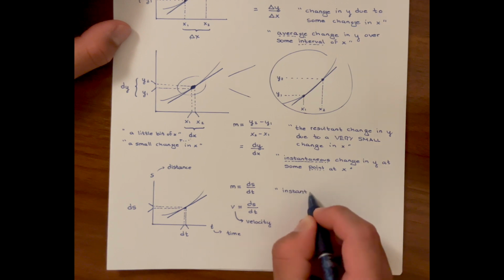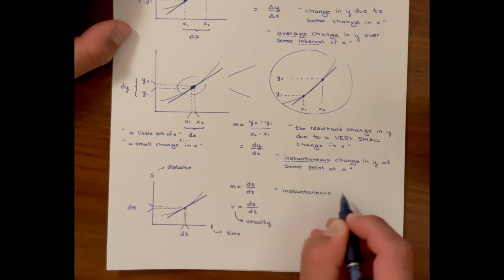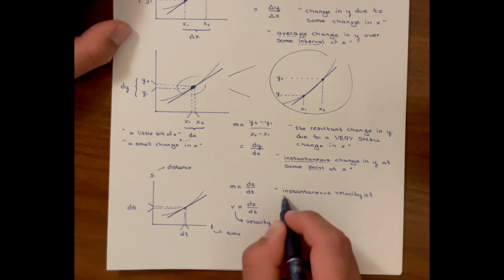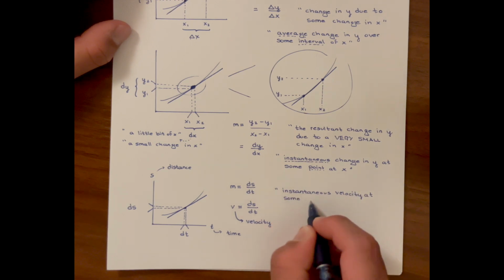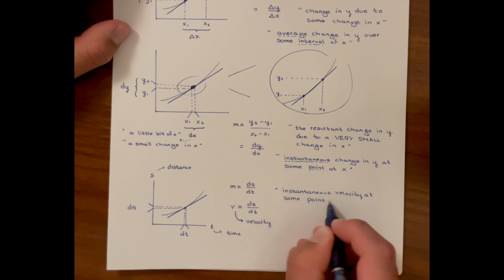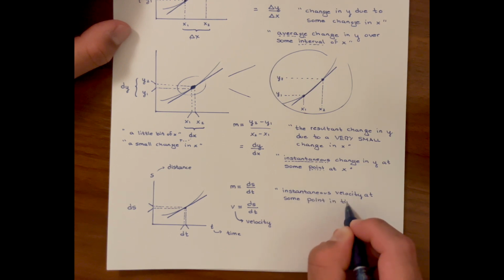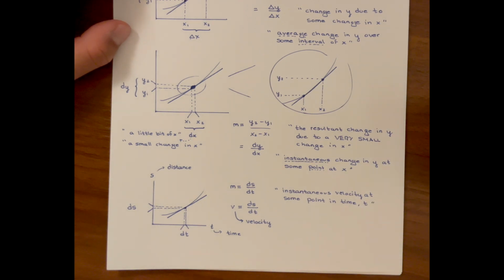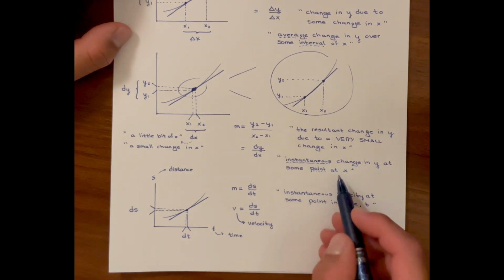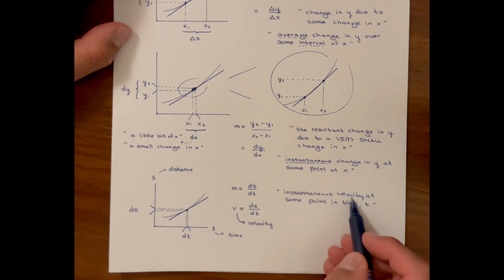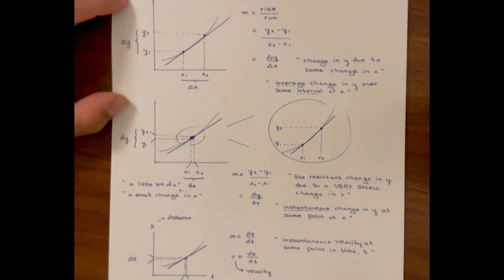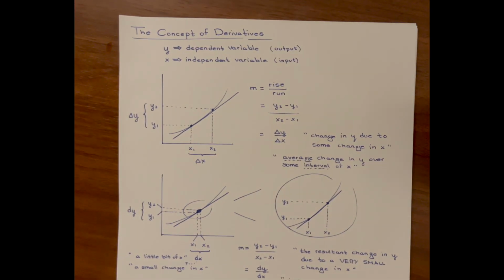This is to say that this is the instantaneous change in distance over a very small change in time, the instantaneous velocity at some point in time. Yes, you can measure the change in your distance at a point in time, because it's not exactly a point, but it approaches the idea of a point such that the change is instantaneous. That is the idea of derivatives.